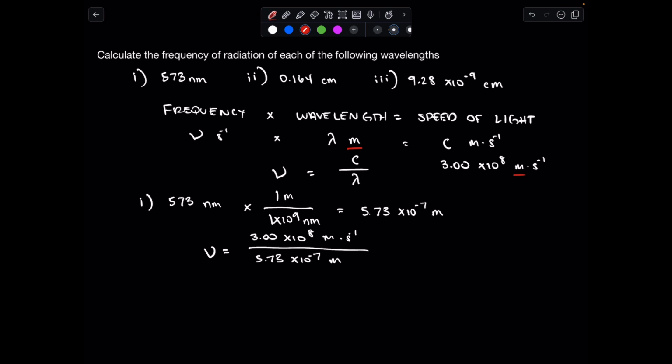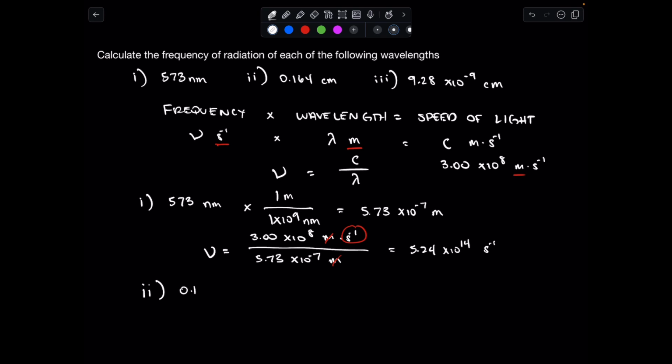Now it's important, again, as I mentioned before, how everything is in meters. We need that because these meters will now cancel each other out, leaving us just with the units of per second, which is exactly what we need for frequency. So when we do the algebra for this one, it's going to come out to 5.24 times 10 to the 14 per second.